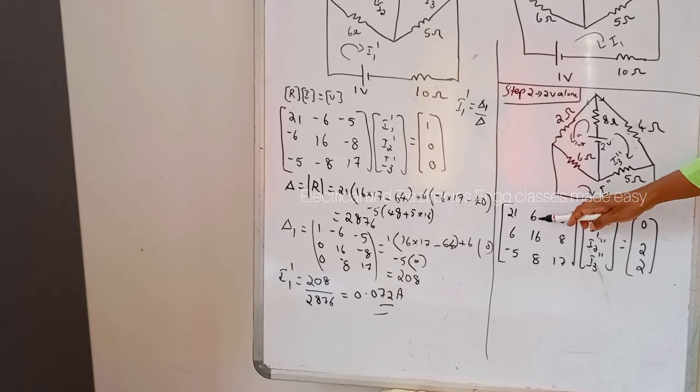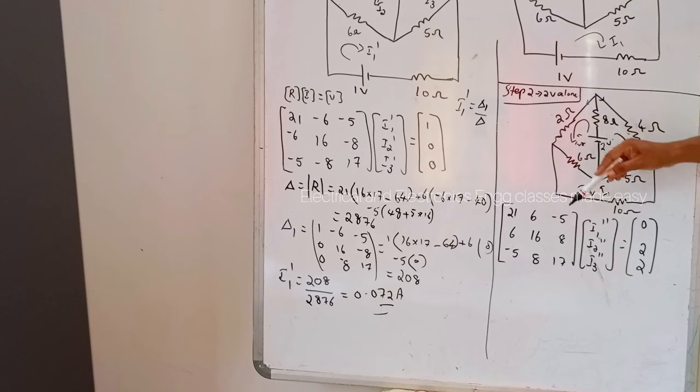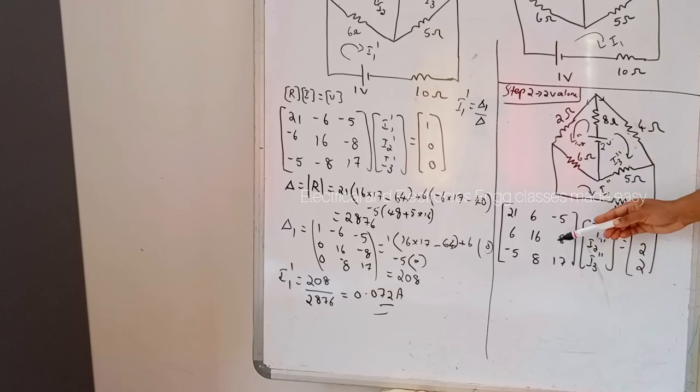Then next is R12, the mutual resistance between the first and second loops. Here I1 double dash in this direction and I2 double dash in the same direction, so this is plus 6. Then between 1 and 3, this is 5, I1 double dash and I3 double dash in opposite directions, so minus 5. Then this is 16.